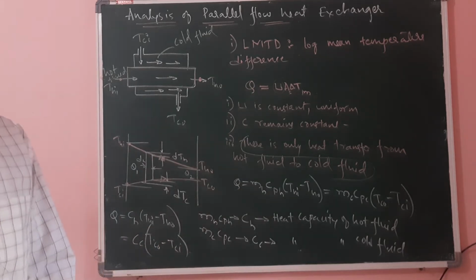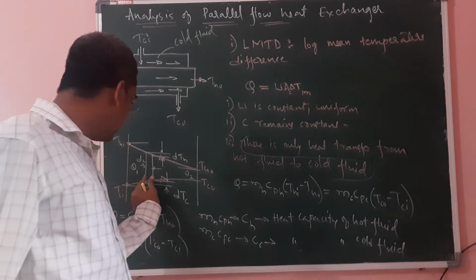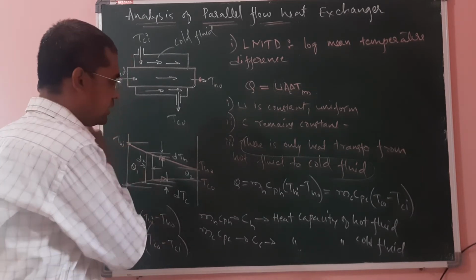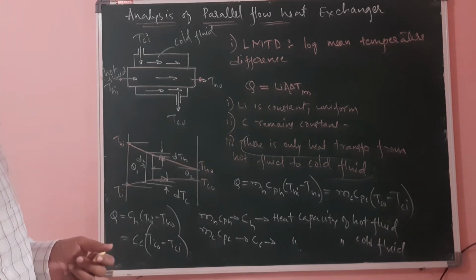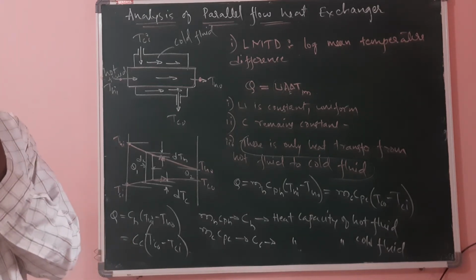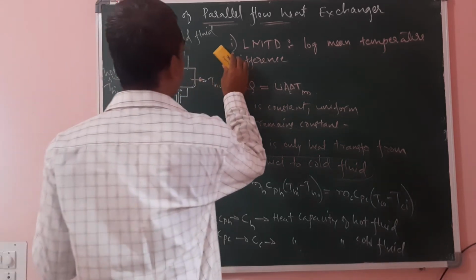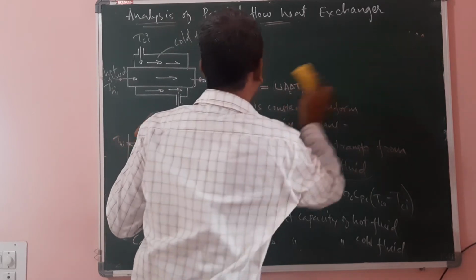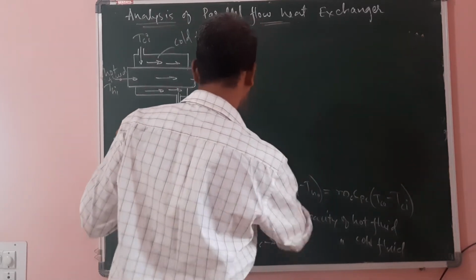Now if we take a small elemental area as shown in this figure, of length dx, and if I write the temperature difference in that small elemental area and integrate it, I will get the total heat transfer.